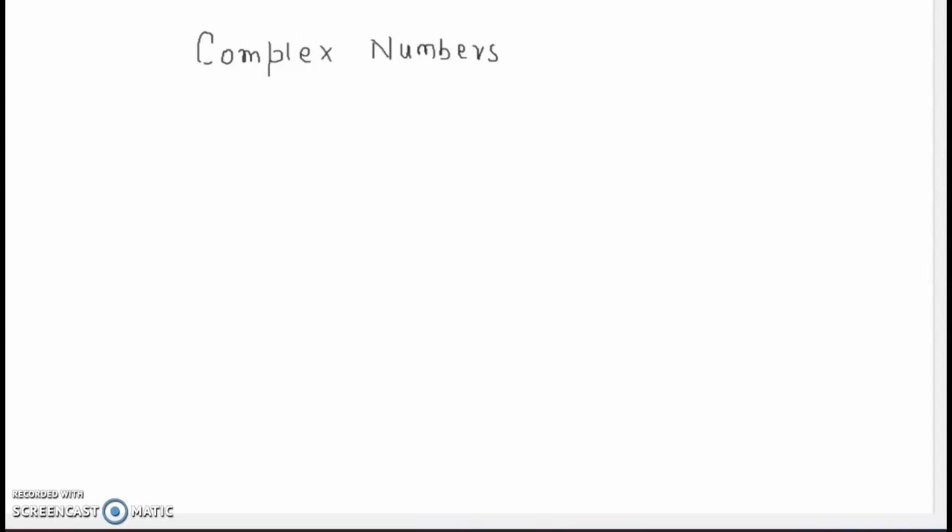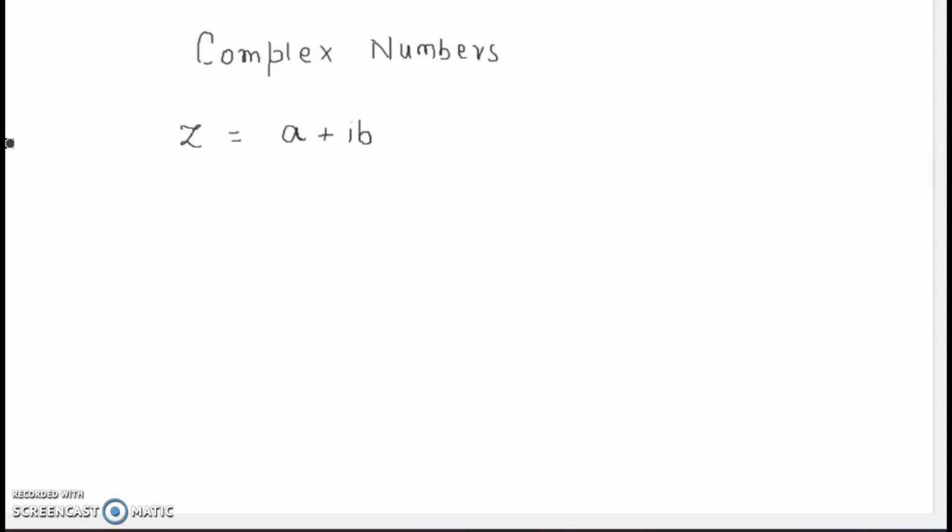Now, since I told you that we will start from the basics, the very basic thing that we should know about complex numbers is how to represent them. All right. So we represent a complex number with the letter Z. And this is the standard form of a complex number: a plus ib.